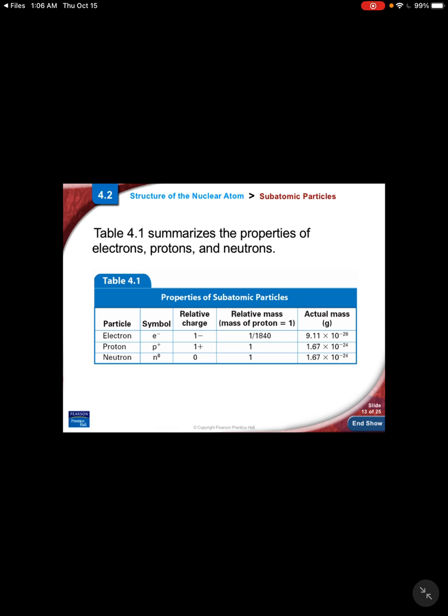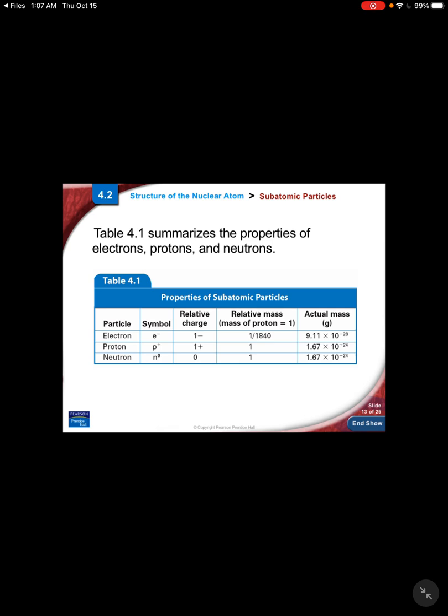It would take approximately 1,840 electrons, given the ratios we're using today, to equal the mass of 1 proton or 1 neutron. The largest element has 118 electrons. So in no element is the mass of an electron a significant fraction of the mass of a given atom of a given element.